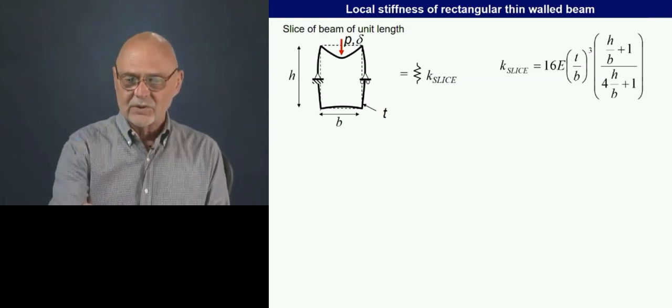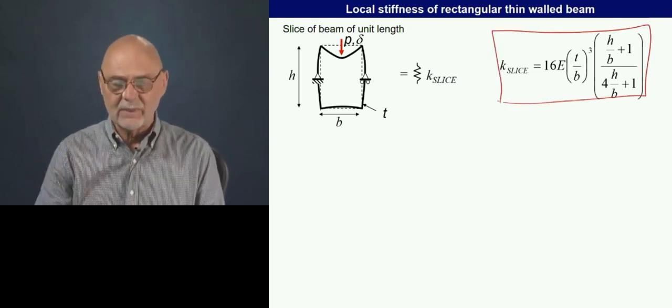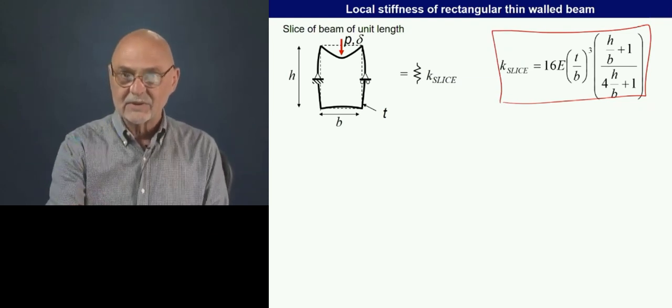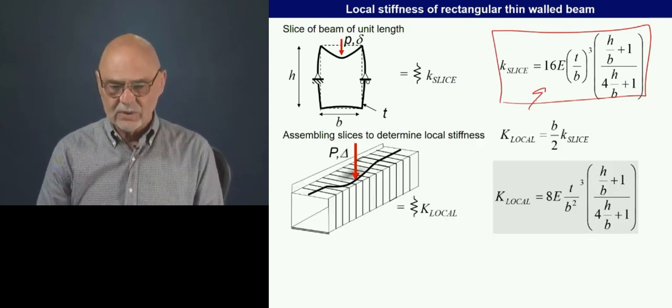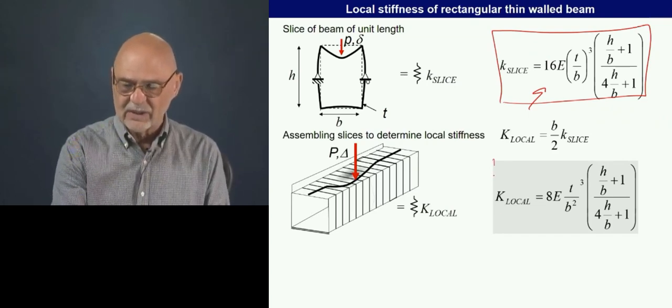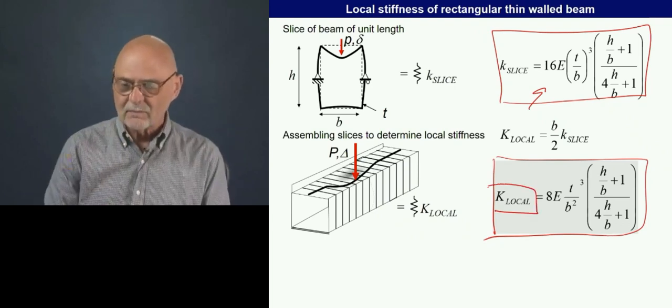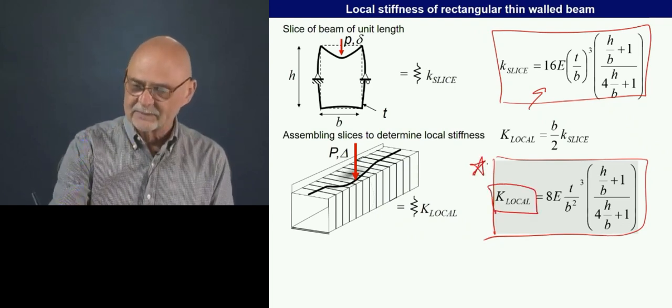So here's an equation for how stiff a slice is. We're not developing this right now, we're just stating it. And then when we put that into our equation, we end up with this relationship for the local stiffness. Now this one is worth remembering.